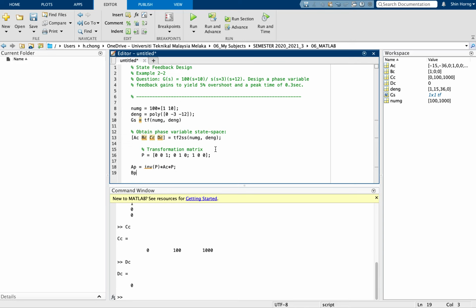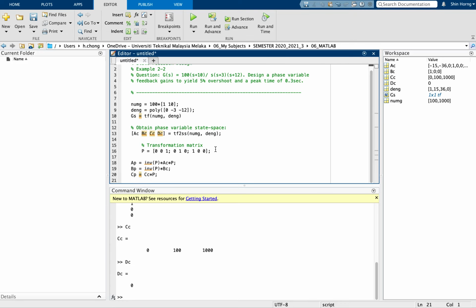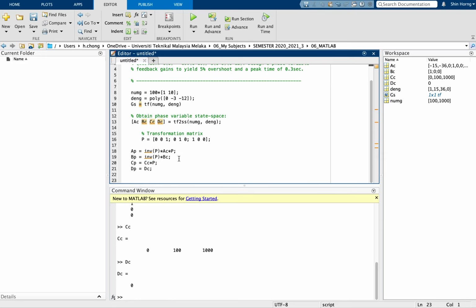The BP in the phase variable form is the inverse of P, the matrix, multiplied with our controller canonical form B, and CP equals CC multiplied by my P, and then DP actually is the same as DC. Because I put all these semicolons, for sure you couldn't see them.